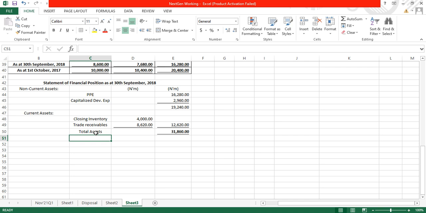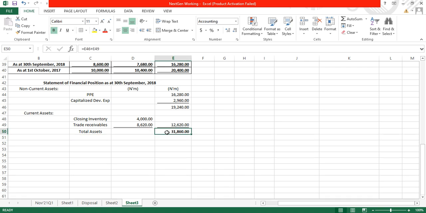All right, so let's do the liability aspect as well. I want to deduct my current liability from it. What are my current liabilities? Payables.